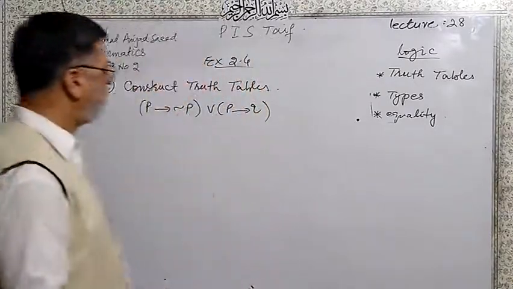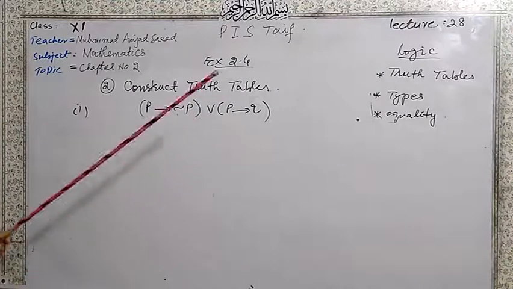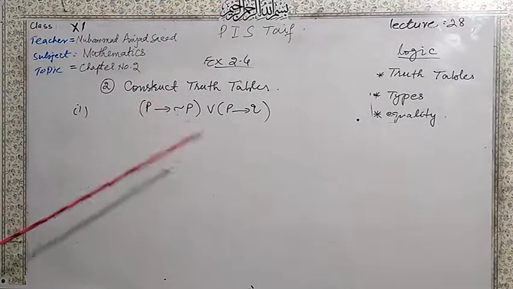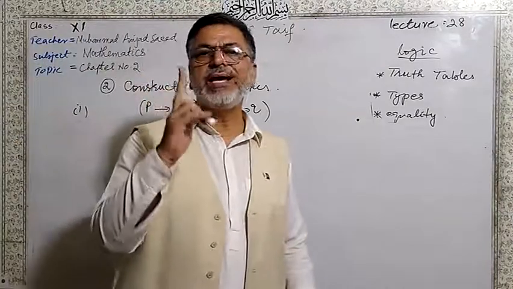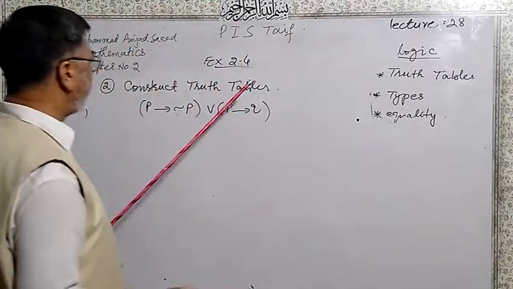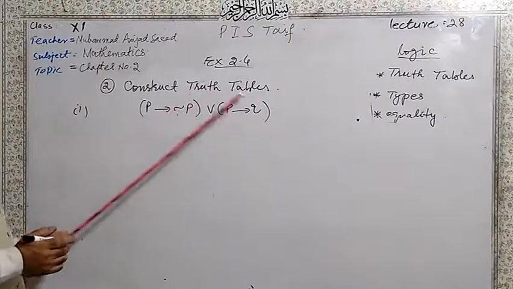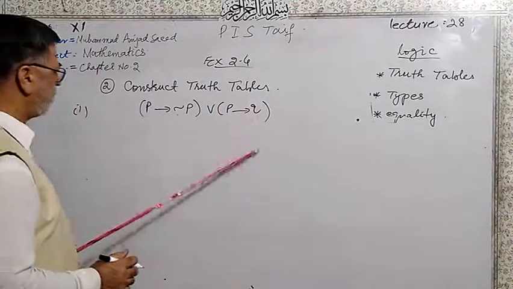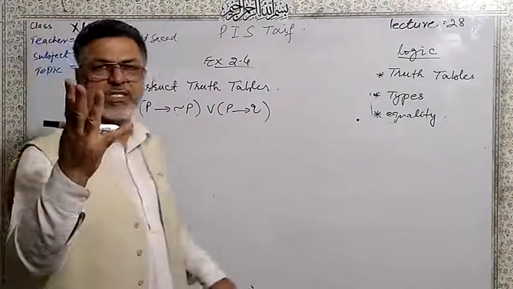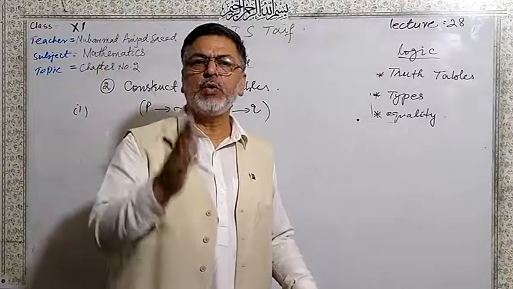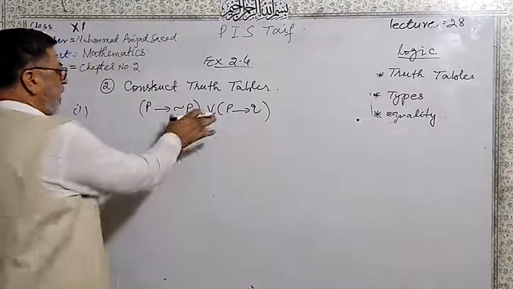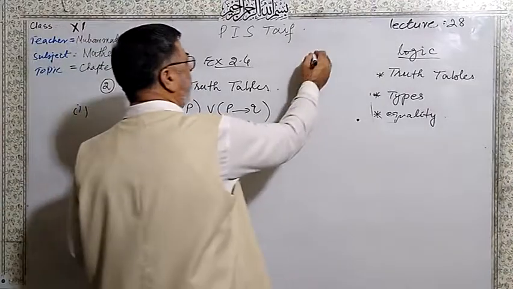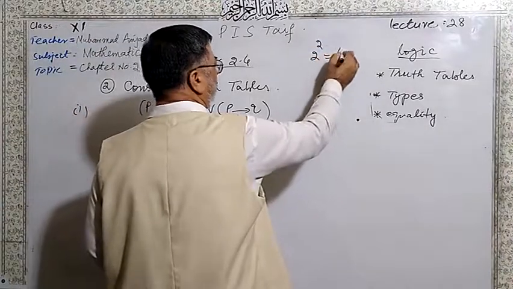Dear students, first of all, you can check the possibilities. How many possibilities are there? There are two possibilities, P and Q. If we have three possibilities, P, Q and R, then you will have another thing. If there are two possibilities, you will write 2 power 2, that is 4.